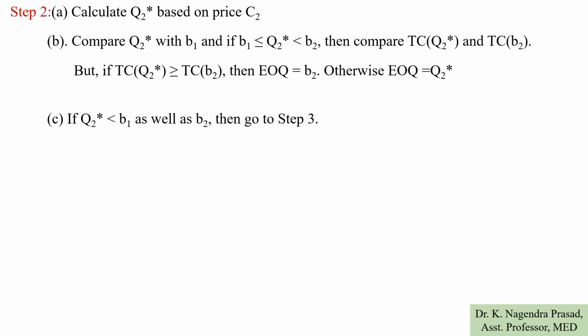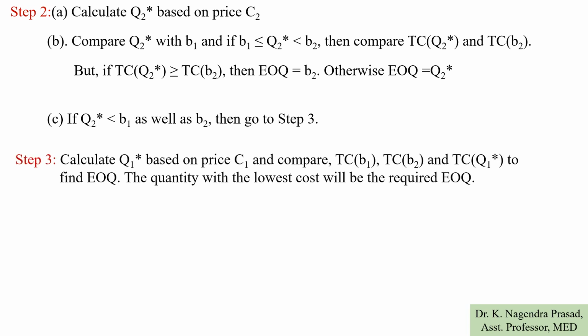Next, in step 2, the third condition is if Q2 star is less than B1, then you have to go to step 3. Similarly, in step 3 we have to calculate Q1 star based on the price C1 and compare the total inventory cost for the B1 quantity, B2 quantity as well as Q1 star quantity.